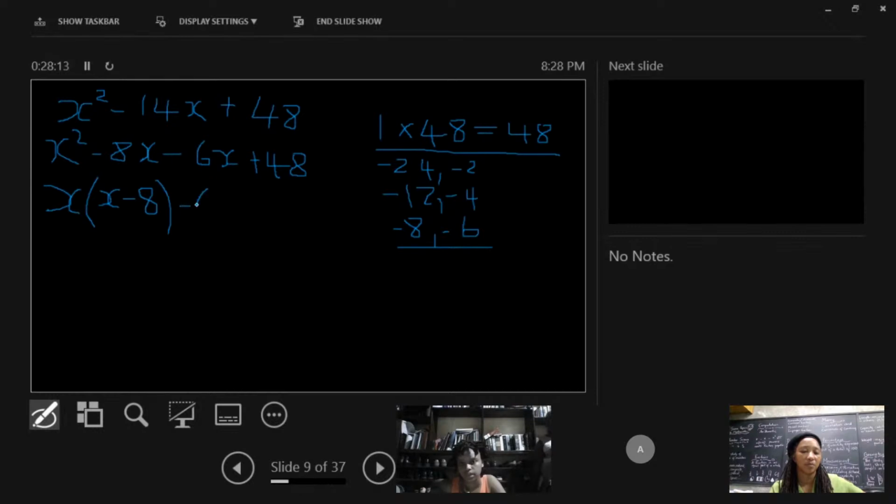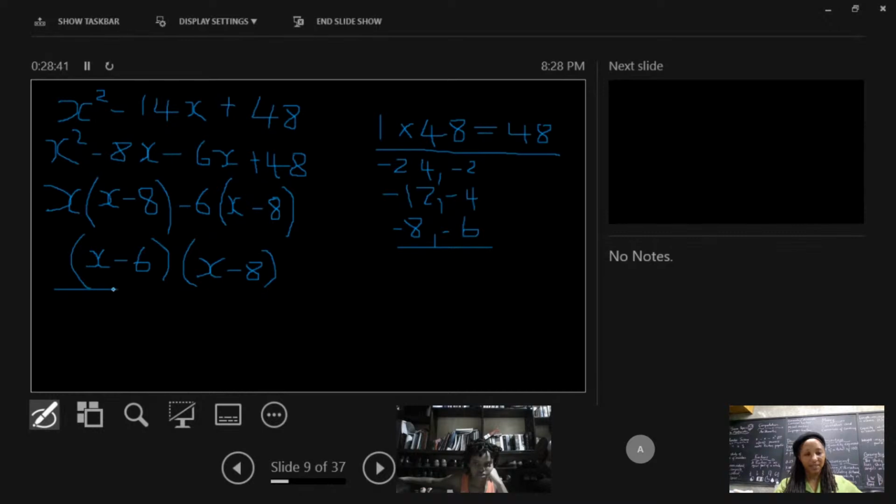So negative 6 into negative 6x is x, and negative 6 into 48 is negative 8. And now we're going to put x minus 6 in one bracket and x minus 8 in the other.